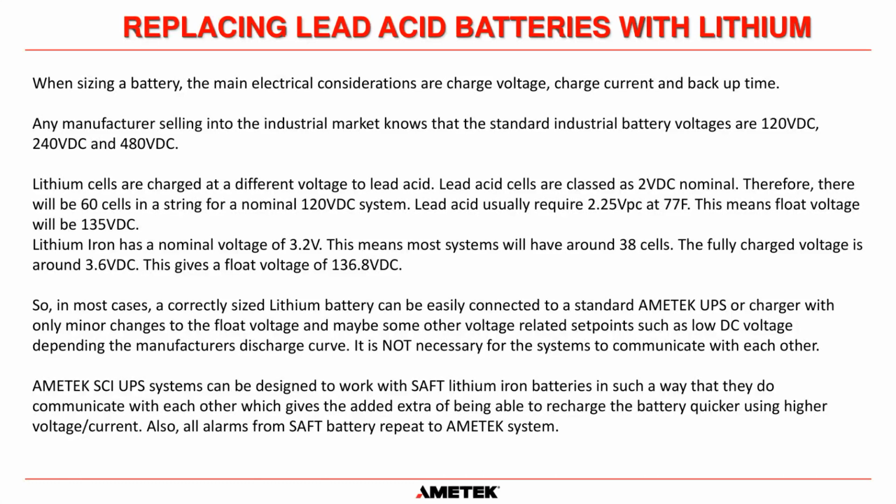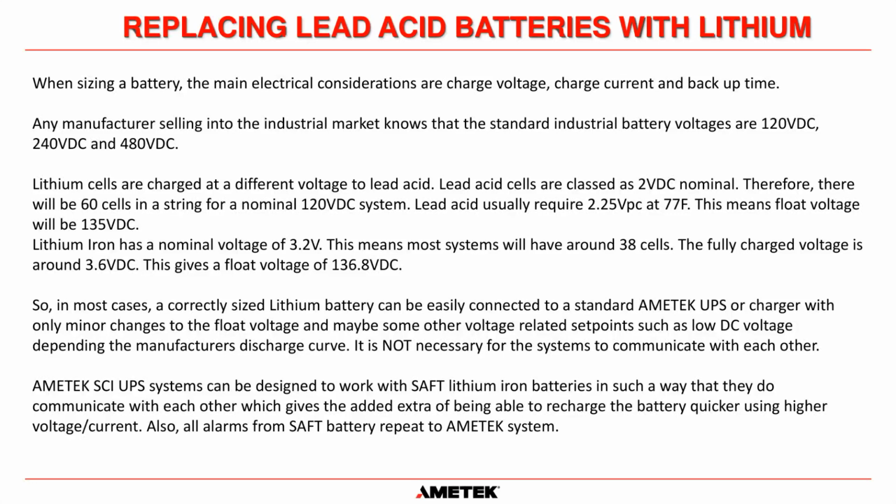The only difference is that any manufacturer who sells in the industrial market knows that battery voltages are usually 120 volts nominal, 240 volts nominal, or 480 volts nominal. Now, there are other nominal voltages, 48 volts, 24 volts, but we're not going to discuss that today. What you have to remember is that lithium cells are charged at a different voltage to lead acid cells.